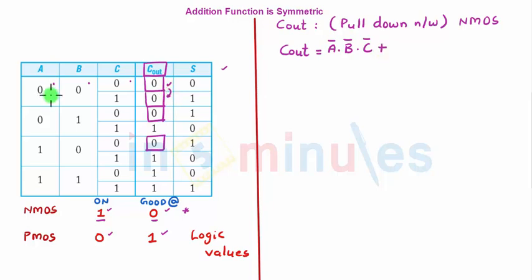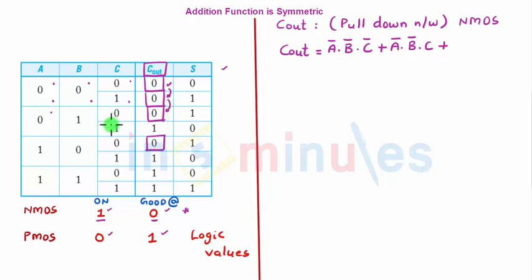The second case is A is 0, B is 0, and C is 1. C is 1, and NMOS turns on when a 1 is applied, so C stays as it is. A will be inverted, B will be inverted, and C stays as it is. Again, if not this, then this is the case, so again a plus.